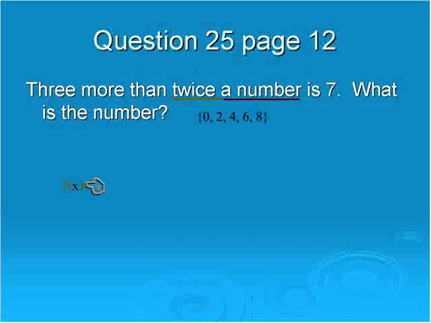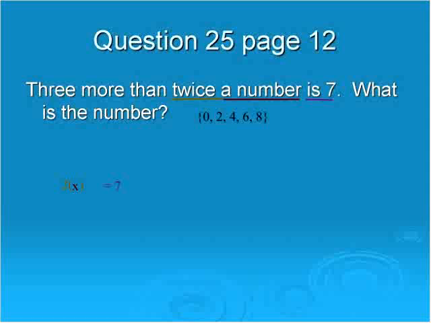Okay, so twice a number is like saying 2 times a number. And you're saying 3 more than twice this number is 7. Okay, well, "is" means equals 7. And 3 more than would be addition.